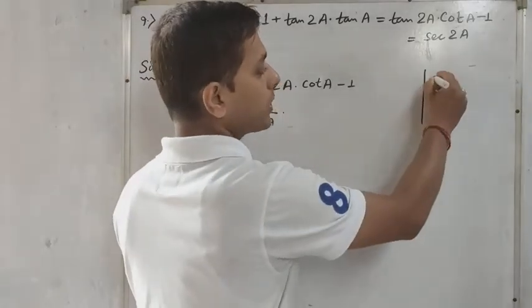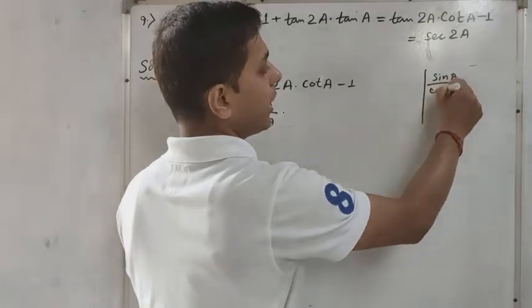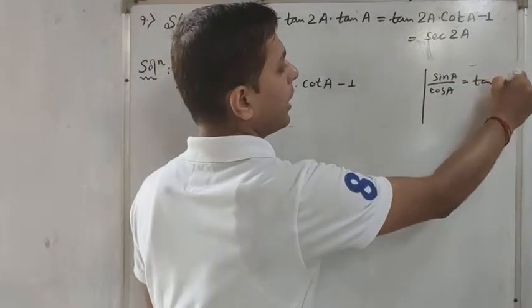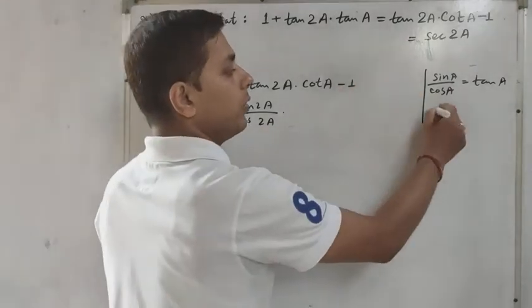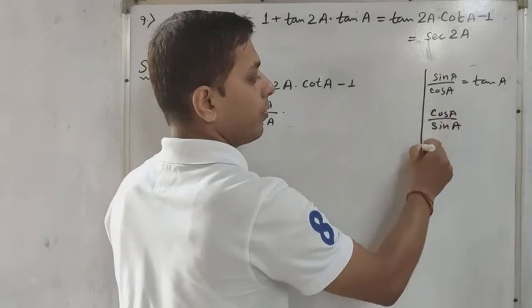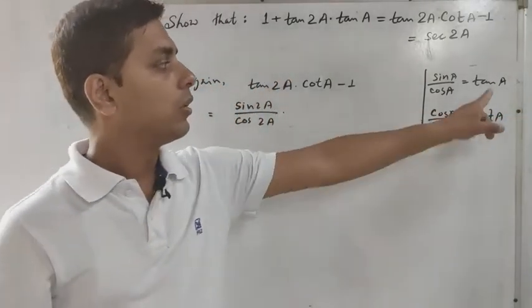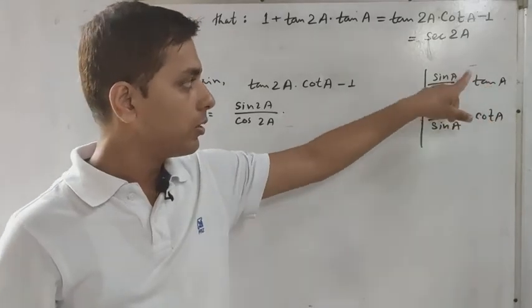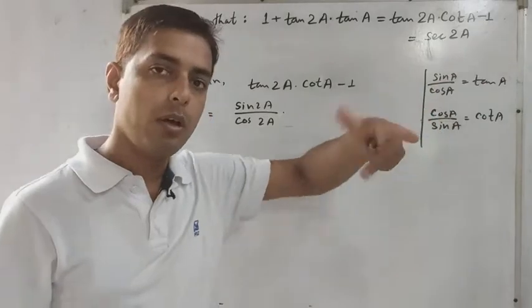You must understand this one: if sin a by cos a is equal to tan a, then its reciprocal, cos a by sin a, is equal to cot a. So tan's reciprocal is cot. If tan is sin a by cos a, cot a will be cos a by sin a, just its reciprocal.